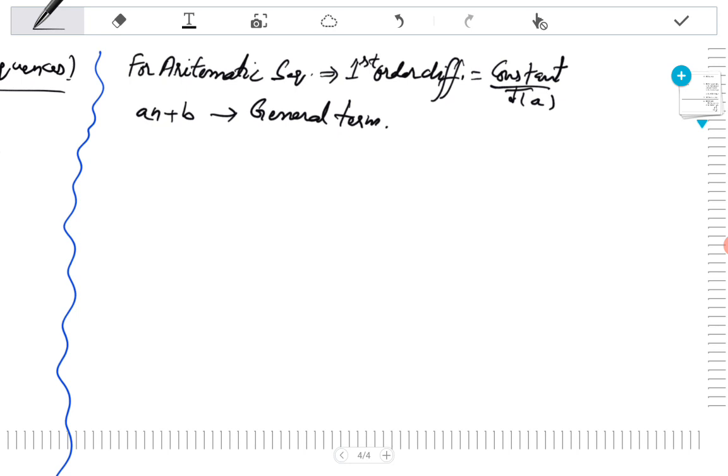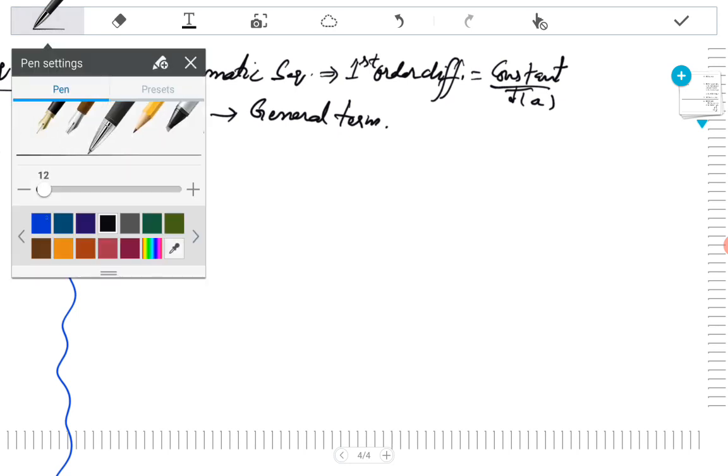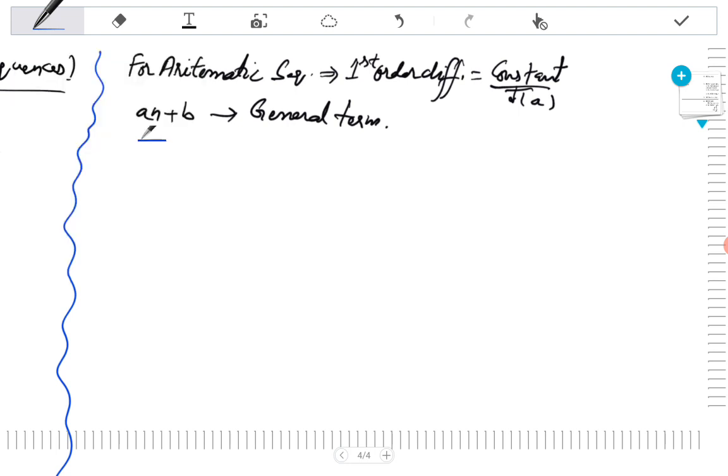Like if I write some sequence as an example: 34, 39, 44, 49 and so on.